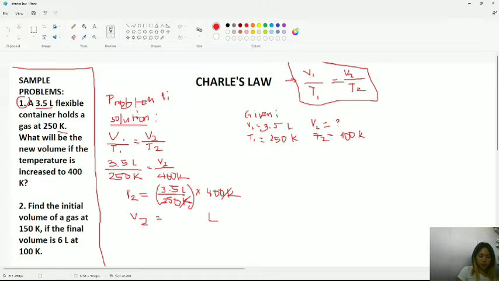So, 3.5 over 250 Kelvin multiplied by 400.